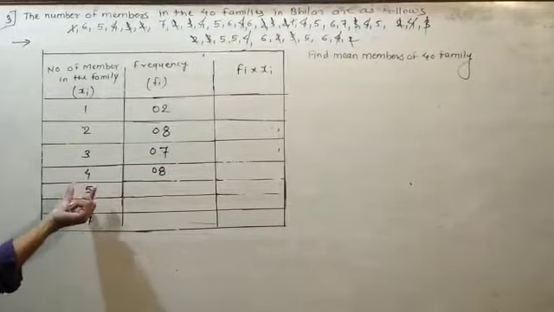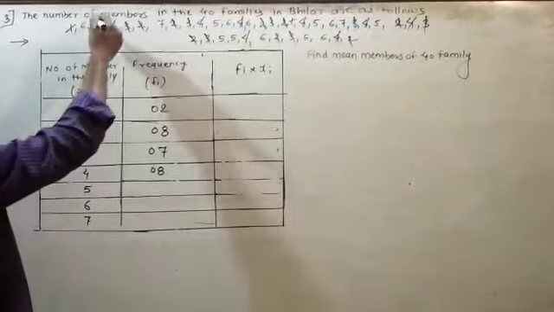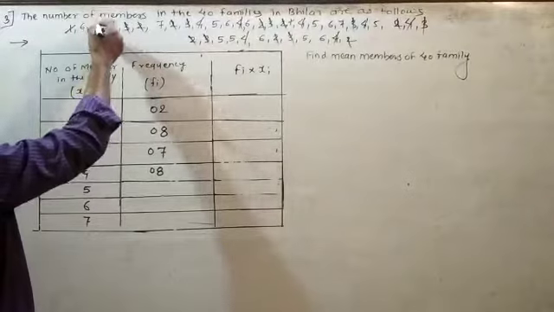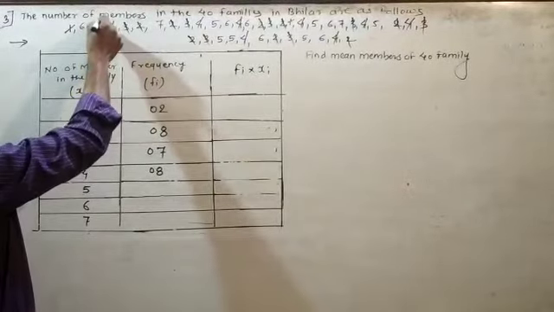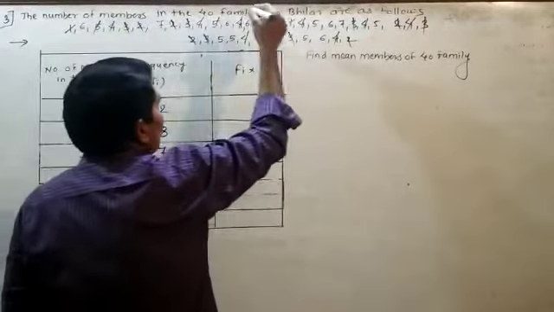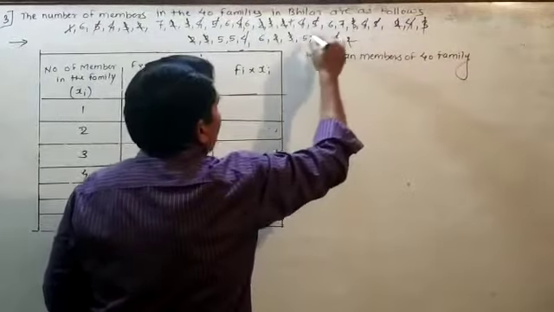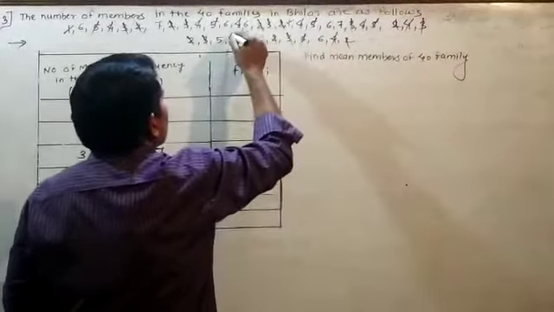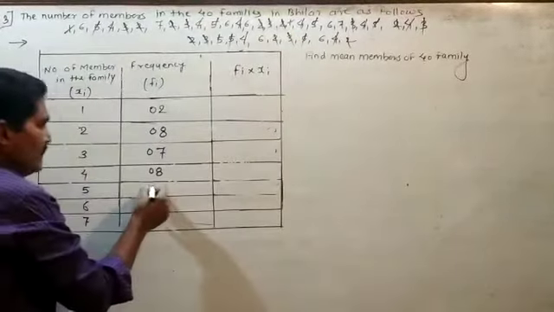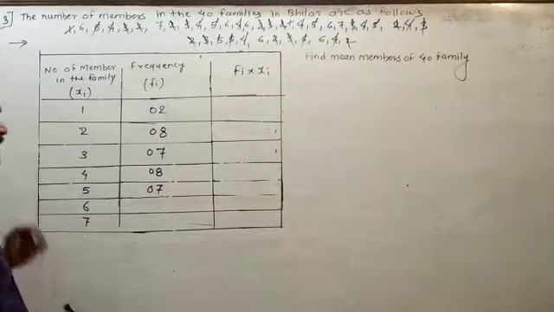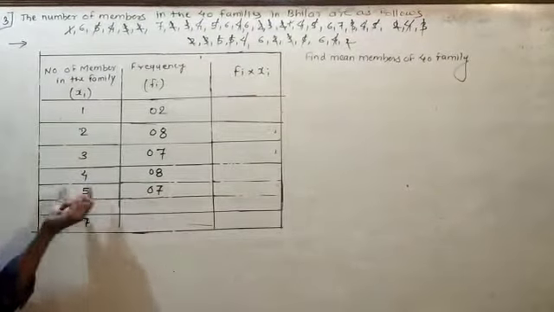Then the frequency of 5, how many times 5 will come in the given data. 1, 2, 3, 4, 5, 6 and 7. 7 times 5 will come, which means 7 families hold 5 members.